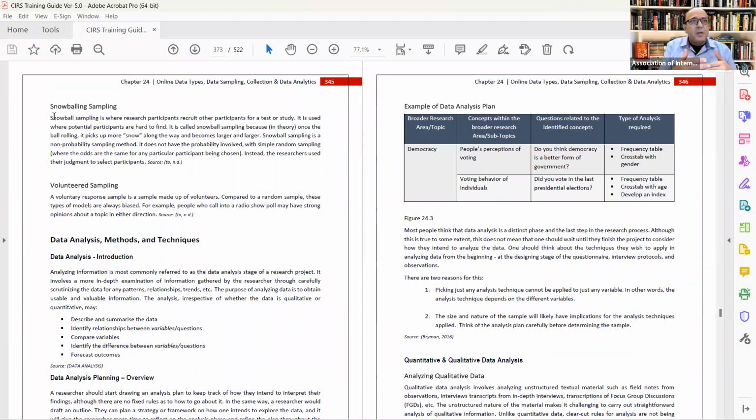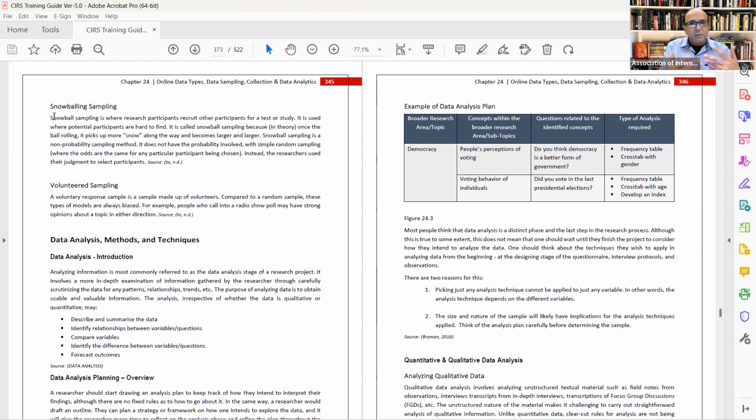Some people volunteer because they keep an eye on that opportunity as being more regularly available, and it sort of dilutes the objective of having these participants. So you have to be watchful about it. That's where volunteer sampling has a bit of a drawback.